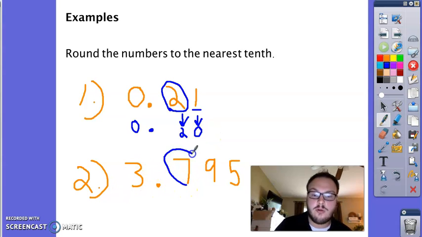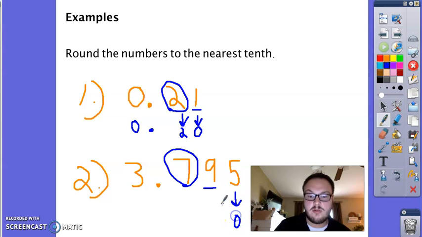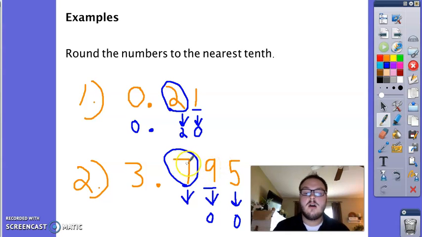Let's look at this number. Again, circle the 10th place, go next door. Anything before is going to be zeroed out. What we underline is zeroed out. Follow our rules, going to the place value to the right of the tenths. We have 9. Is 9 5 or more, or is it 4 or less?